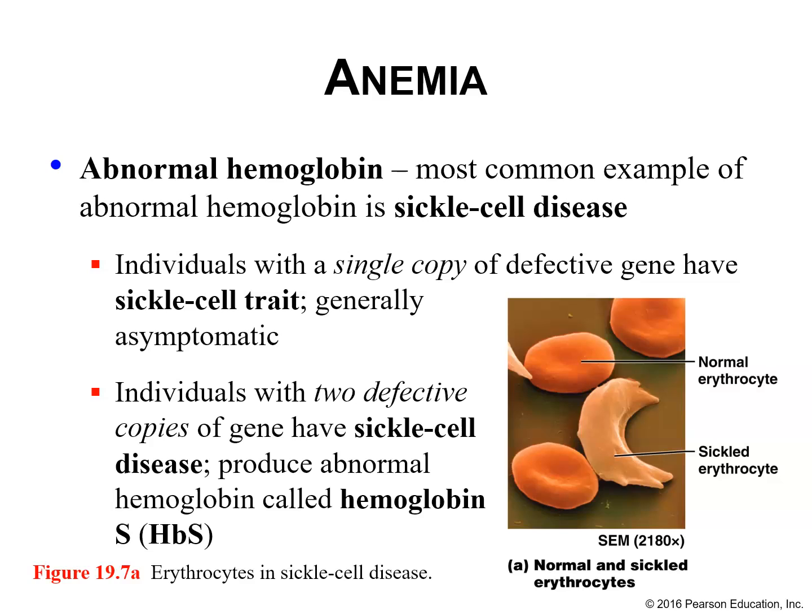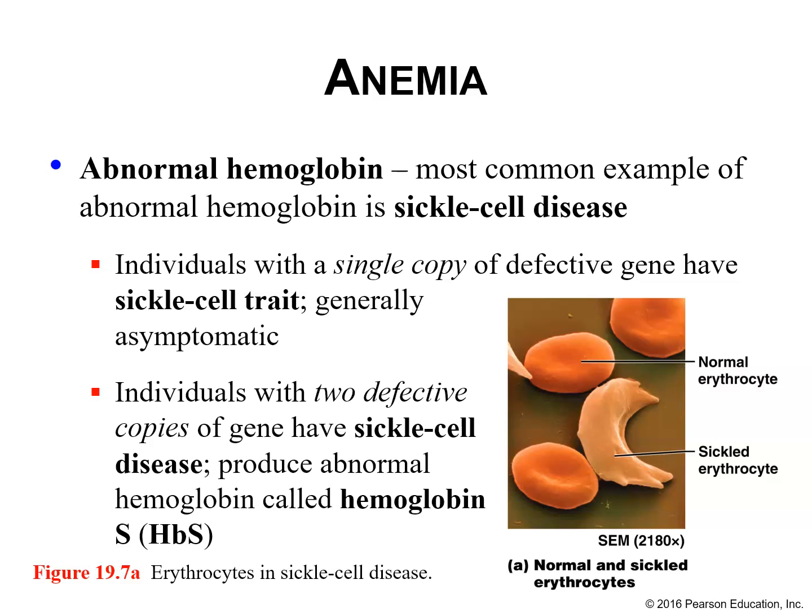Another type of anemia is where the anemia is a result of an abnormal hemoglobin molecule. And the most common example of this abnormal hemoglobin is sickle cell disease. Individuals with, let's say, a single copy of a defective gene, okay, they have what we refer to as sickle cell trait.